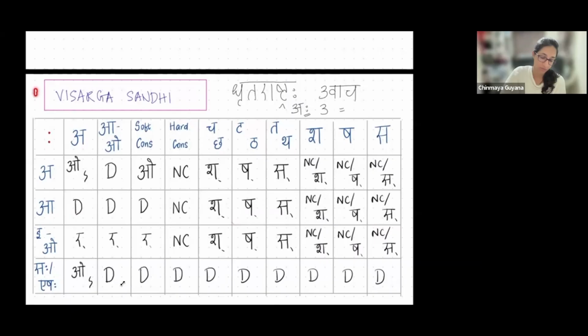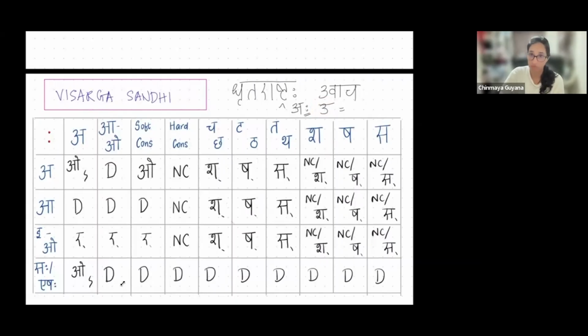So aha, from this line, you're going to use this box. U is between a and o, right? Means all the vowels except for a is in this one. A to o. So here is the box that you're going to use.